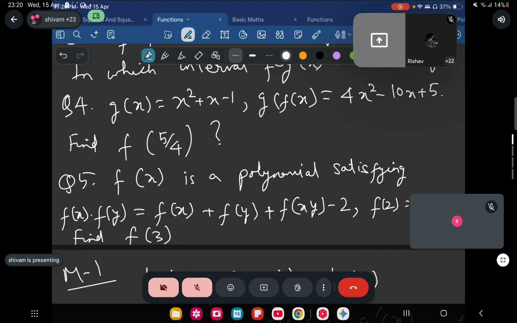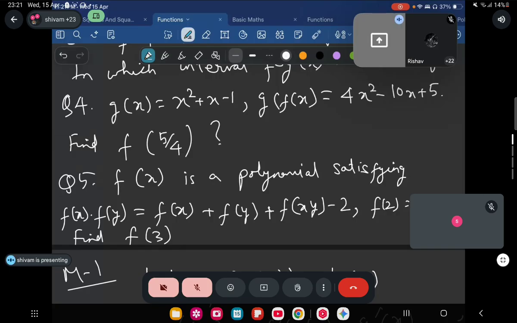Rishabh, number 4 is correct. Adrito, number 5 is correct.